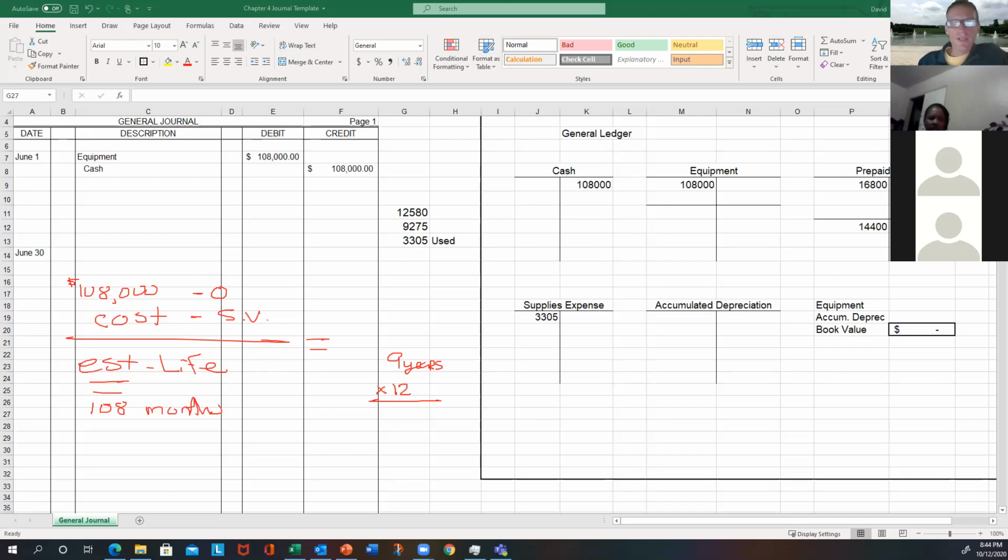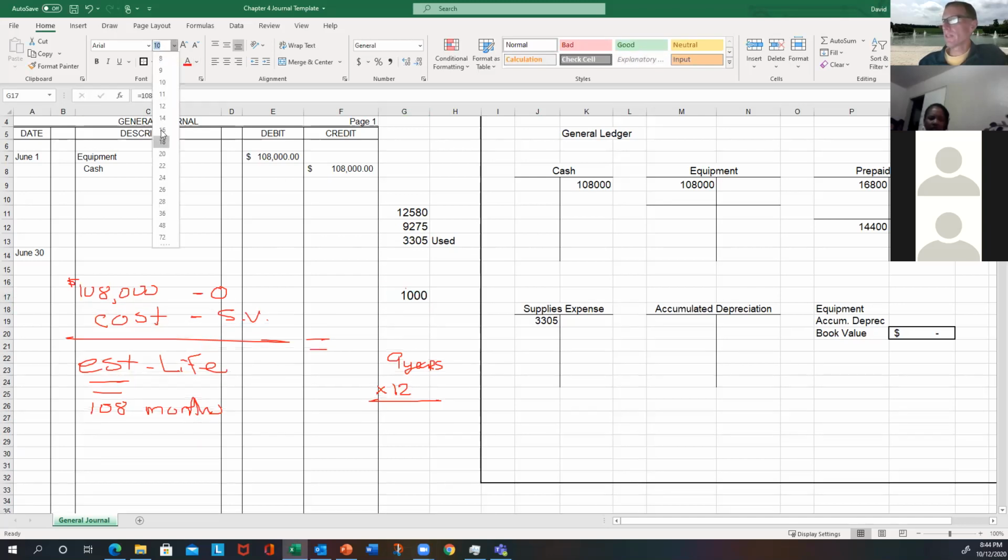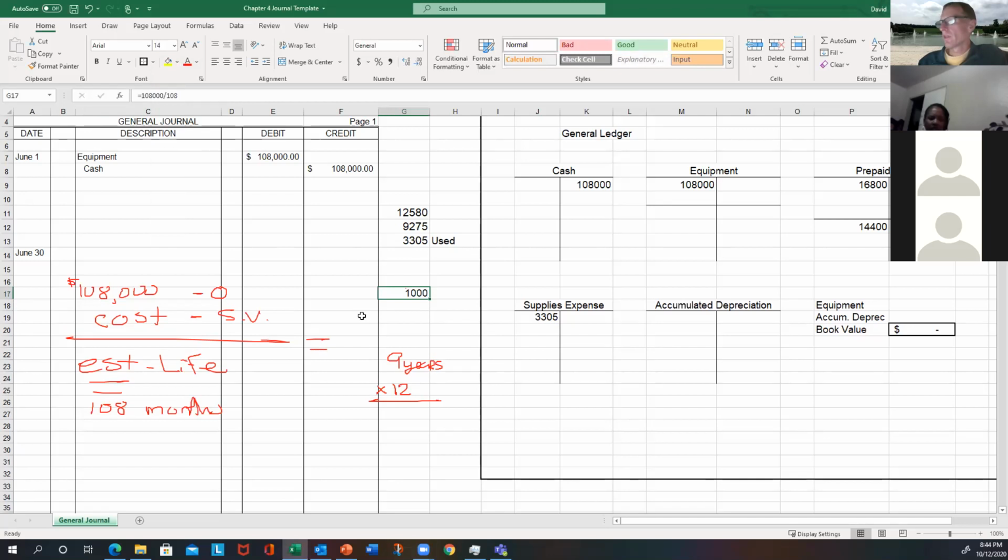So if you type this up in Excel, 108,000 divided by 108 would give me right at $1,000. That's an easy one. I guess you could probably do that one in your head. So our monthly depreciation would be $1,000.